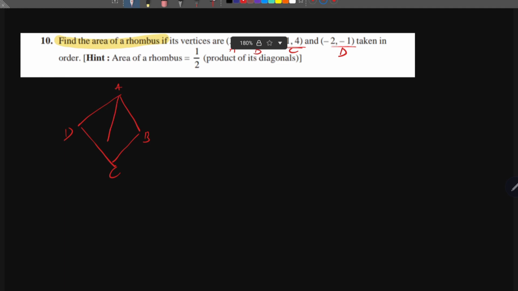So we need to find the area of it. Area means diagonals need to be found. So apply the distance formula, where AC is one diagonal and BD is another diagonal.